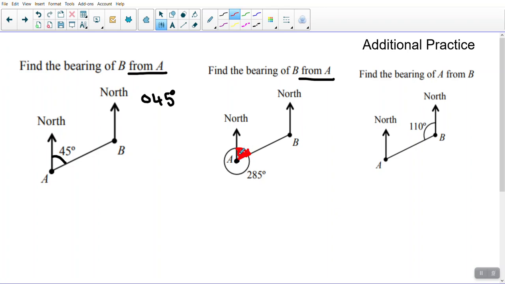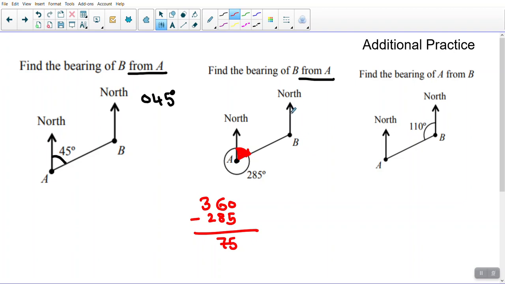So we'll use the property that angles at a point are 360 degrees. So what we can do is 360 minus 285, which would give us 75 degrees. So this angle here is 75 degrees.